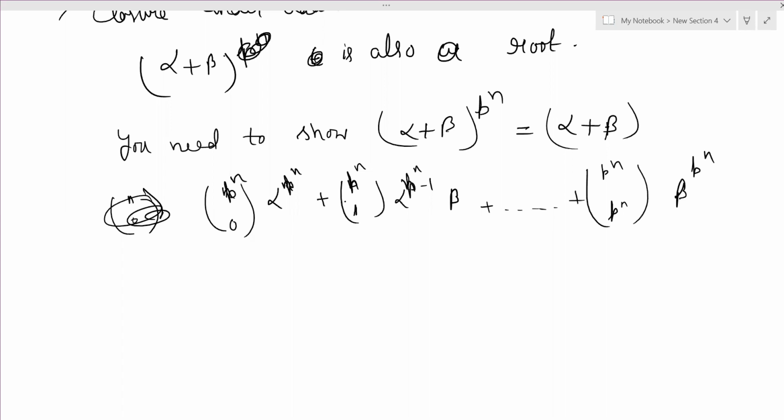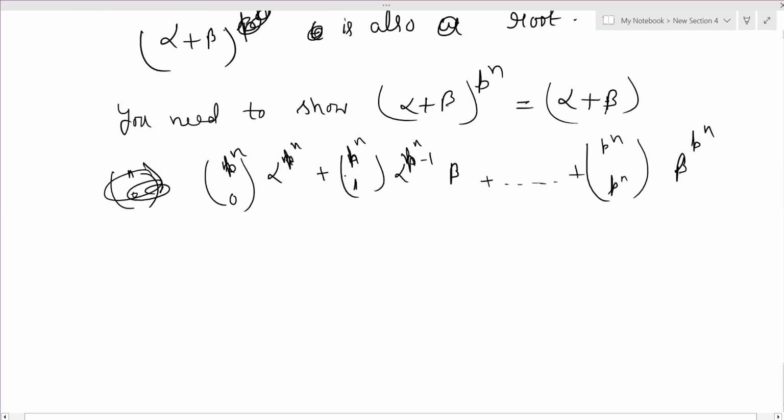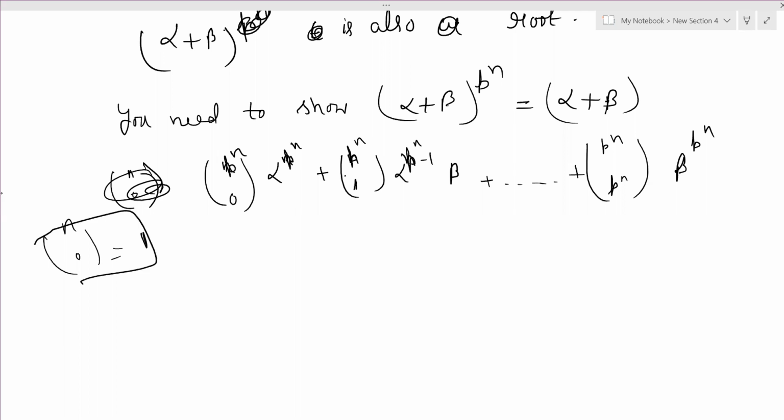So what is the idea? We are in Z_p. What is p to the power n choose 0? It is 1. And the last one is also 1. We need to show that all the middle terms are 0. Then we are done, right?